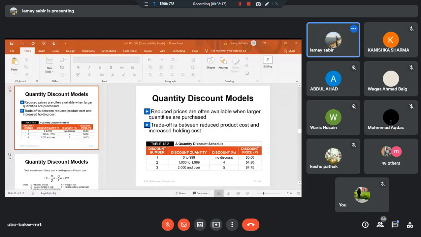Second is the quantity discount from 1000 to 1999 and the price is 4.80. We have to calculate EOQ for this as well. Third, above 2000, a specific price is given to us, and we have to calculate the EOQ for this third price range.